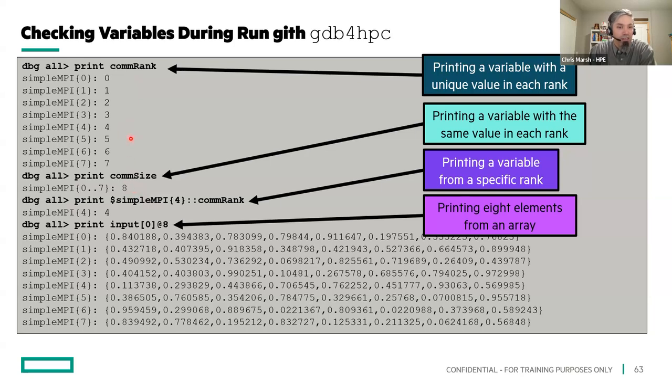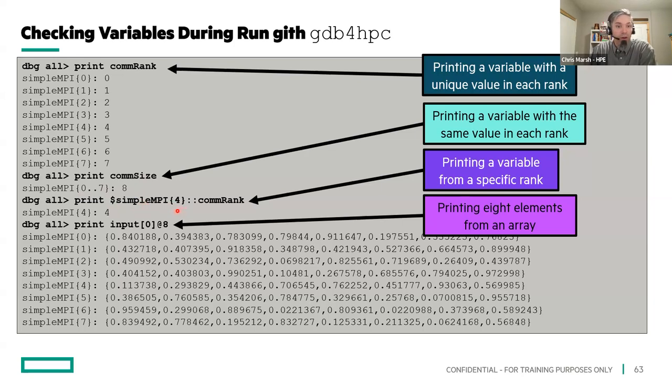And this gives us a chance to see when the variables are distinct, we get one line per distinct value. When they are the same, we get a line indicating that it's the same value in all 8 ranks. If you want to look at just an individual rank, you need to remember the name of your application, or that you've given to Gdb4hpc.